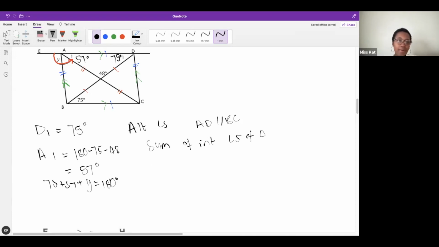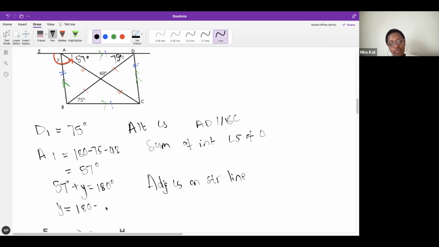Bokang, do you see that 57 and Y are on a straight line? Yes, ma'am. What do angles on a straight line add up to? 180 degrees. So do you agree with me when I say 57 plus that angle, Y will be equal to 180 degrees? Yes, ma'am. There we go. And your reason will be adjacent angles on a straight line. So then how much is Y?